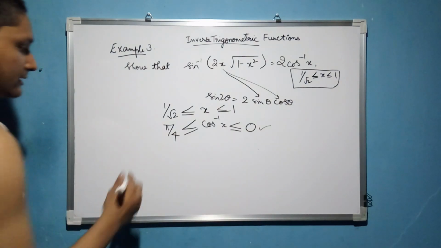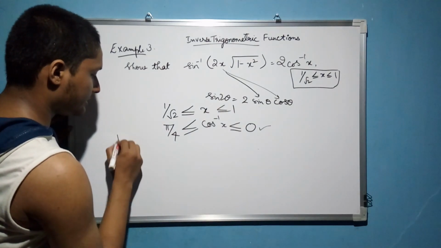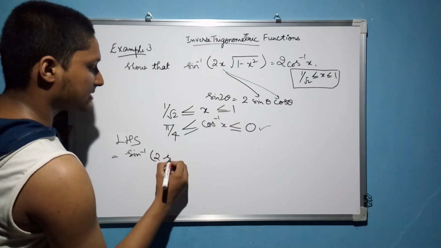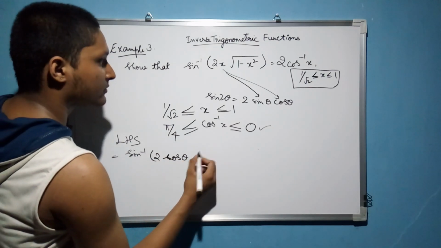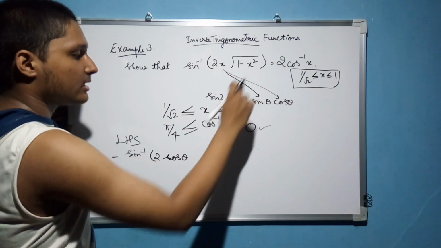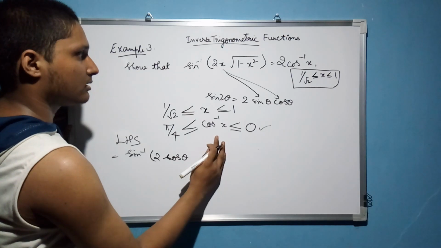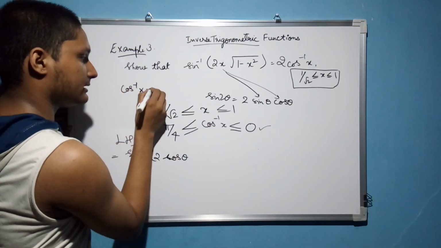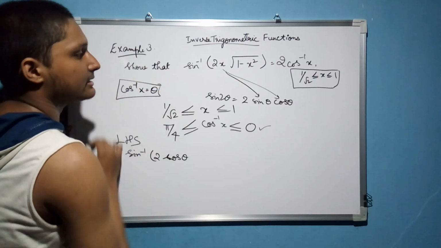So what you found out here is sine inverse, that is left hand side, is equal to sine inverse of 2 x root of 1 minus x square, where root of 1 minus x square is root of 1 minus cos square x. Okay, I'm going to substitute cos inverse x is equal to theta. In this case, that was the substitution I had required.